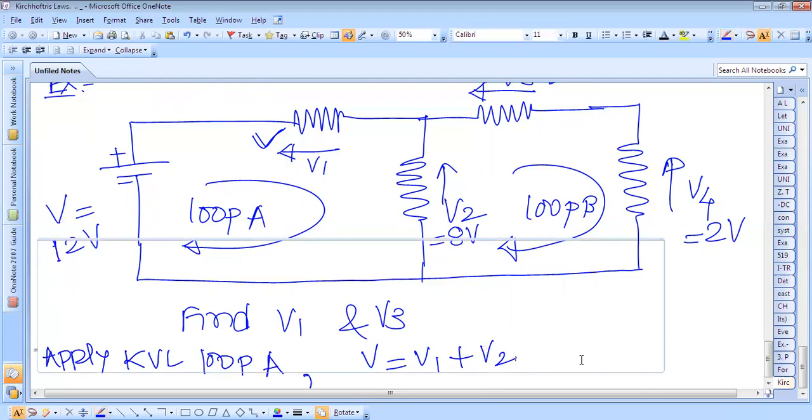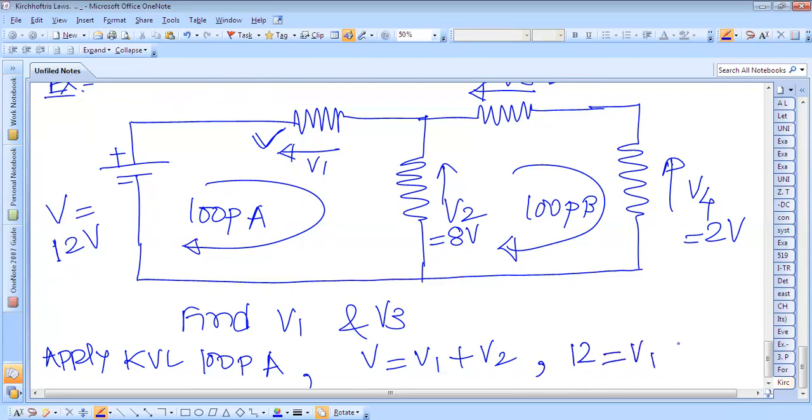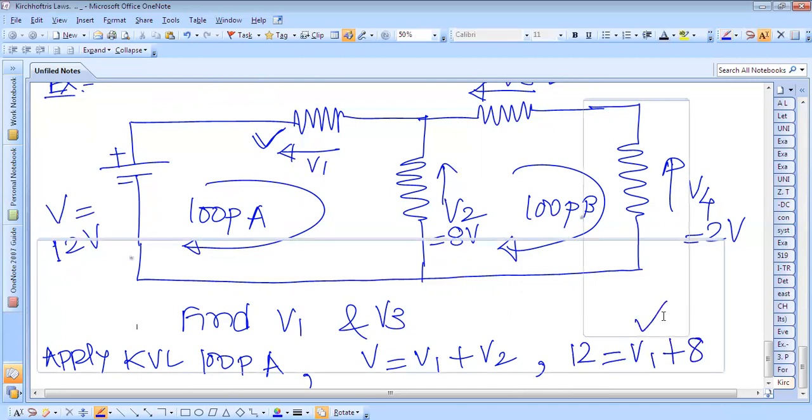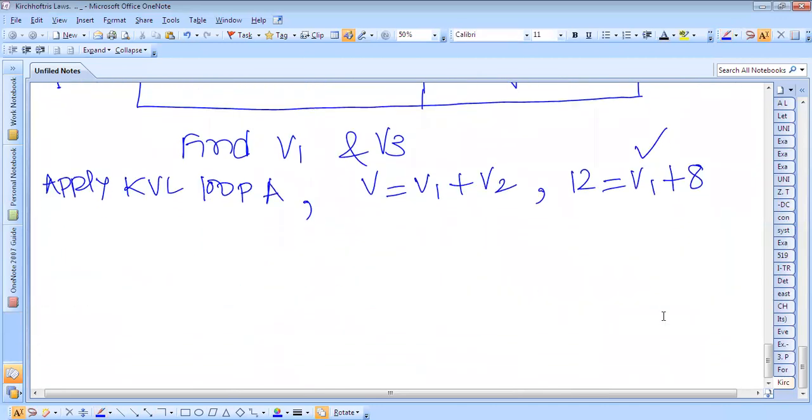V is given here as 12 volt, and V1 we have to calculate. V2 is also given, it is 8 volt, and we can now find V1. V1 is equal to 12 minus 8, therefore it is 4 volt.